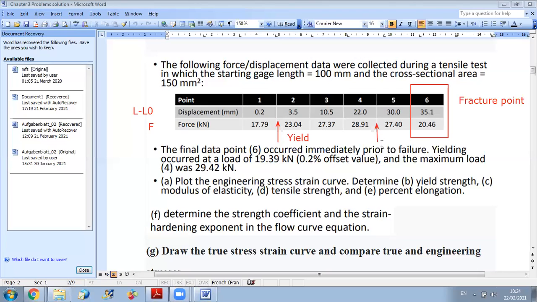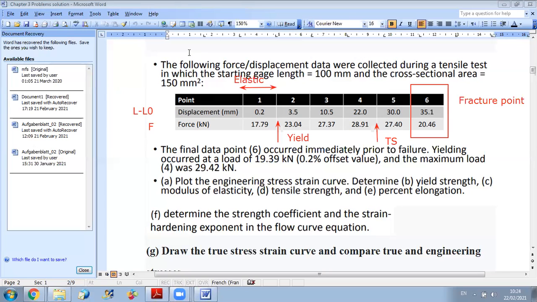So here we have the maximum, the tensile strength, the maximum load. From this information, we can identify the different phases in my problem. I can say that point 1 belongs to which region? Elastic region. So point 1 should belong to the elastic region.